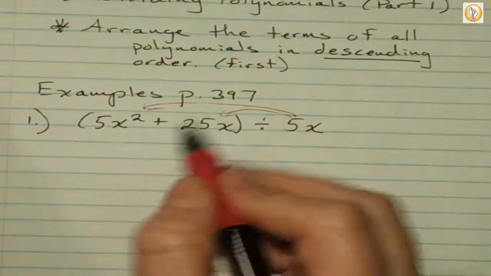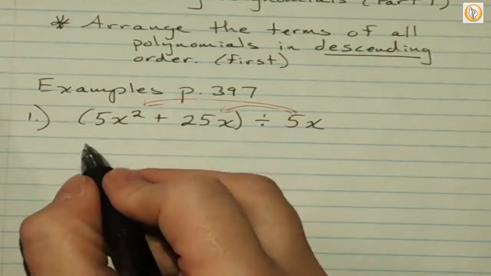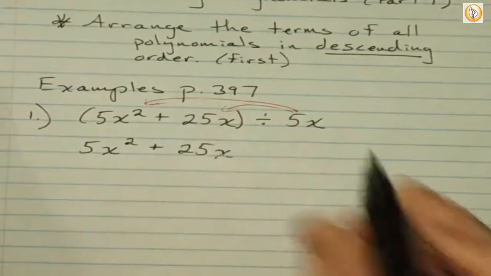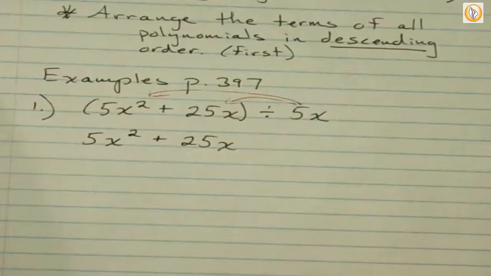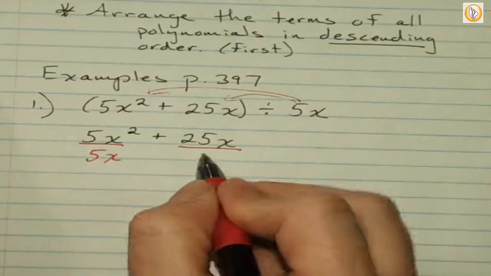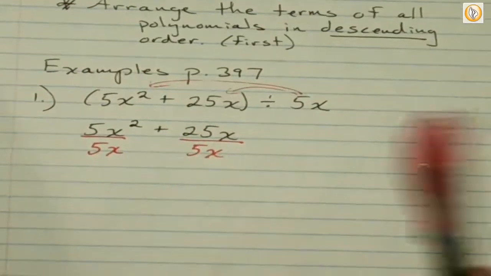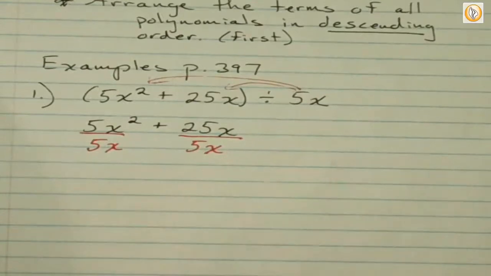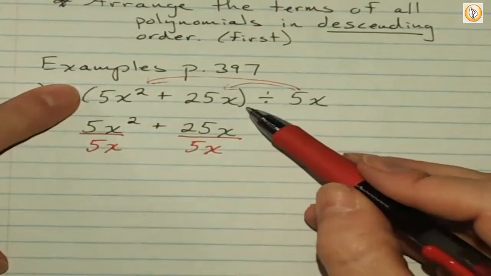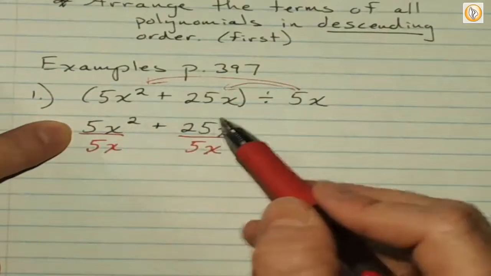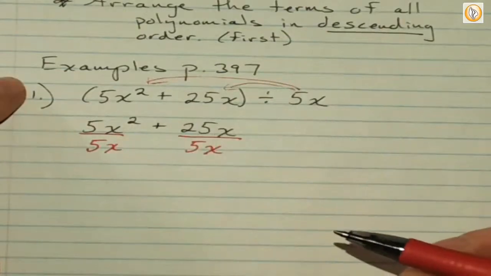Notice it is in descending order, but I'm going to rewrite it and divide each term by the 5x. I took the parentheses away, rewrote the polynomial, and then I'm dividing each term by 5x.